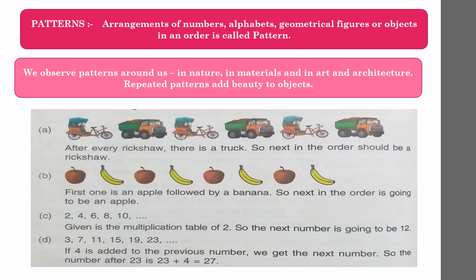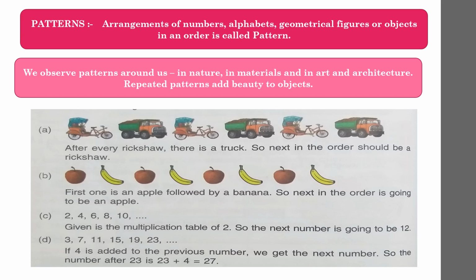Coming to example D, 3, 7, 11, 15, 19, 23. What type of pattern is it? It is a pattern of numbers. How do we understand 7 comes next, 11 comes next, 15, 19, 23? It is because 4 is added to the previous number.